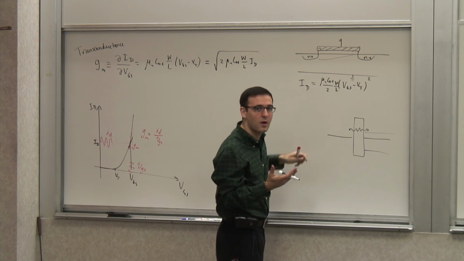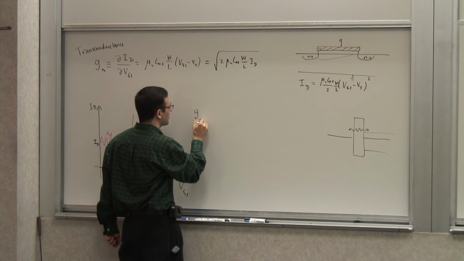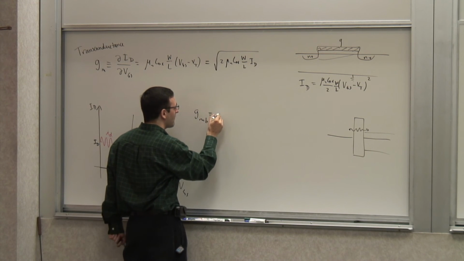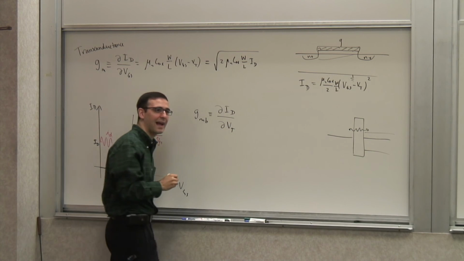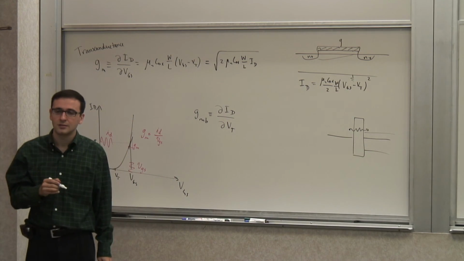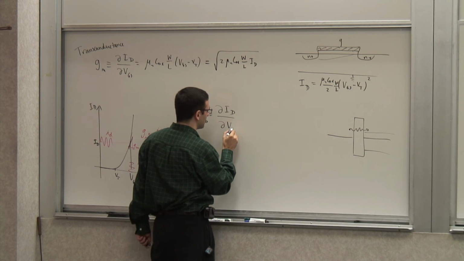So in other words, I have to worry about another gm, a gmb for the bulk, which by definition is dID over dVt. I'm sorry, not dVt, VSB.